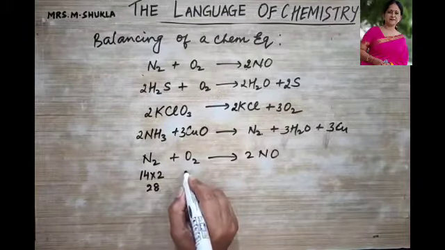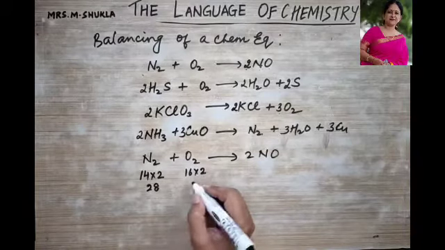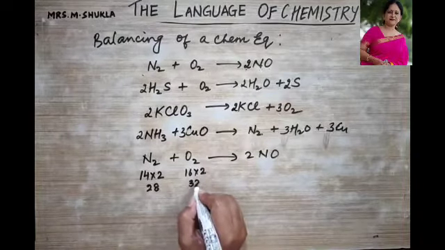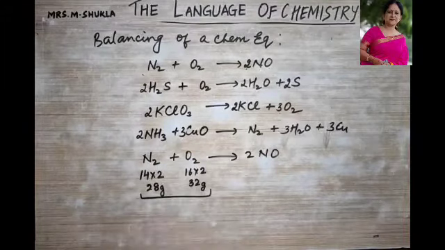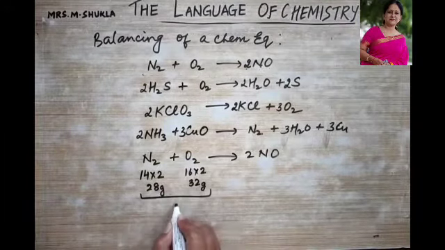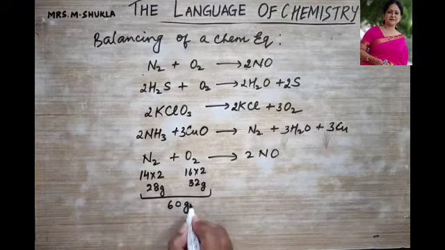Oxygen is how much? 16 into 2, 16 2s are 32. These many grams. Add up this, how much does it become? Total is 60 grams this side.